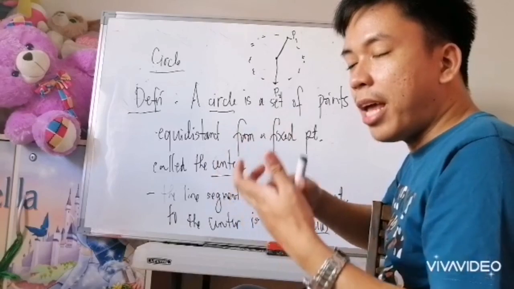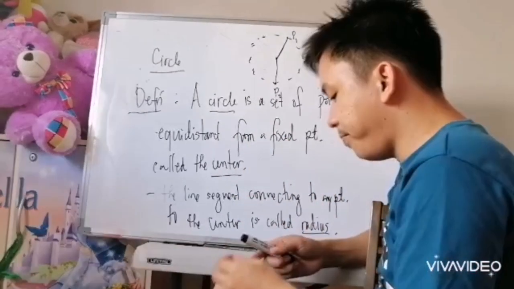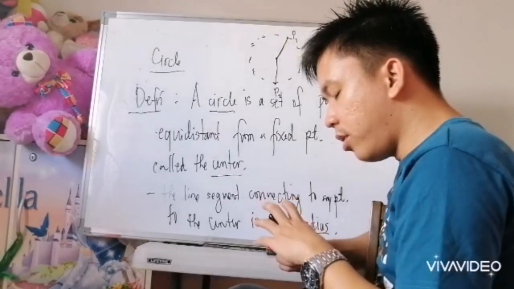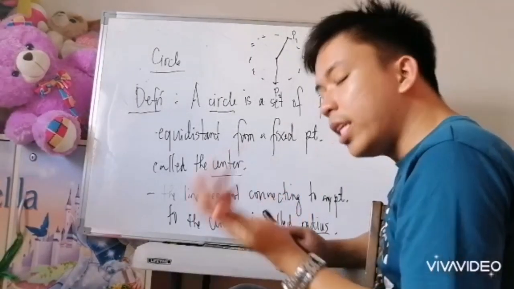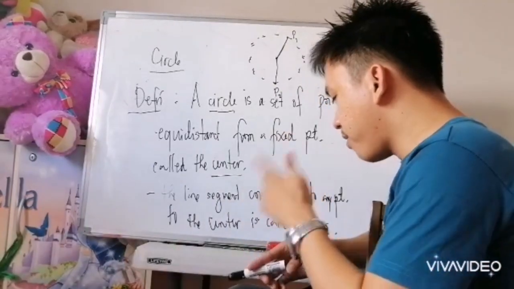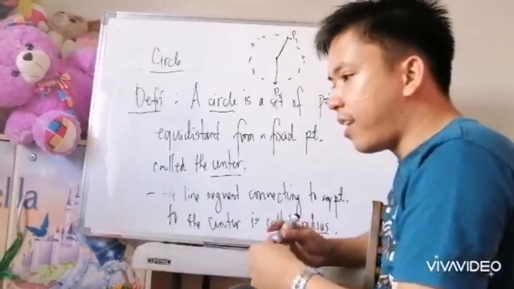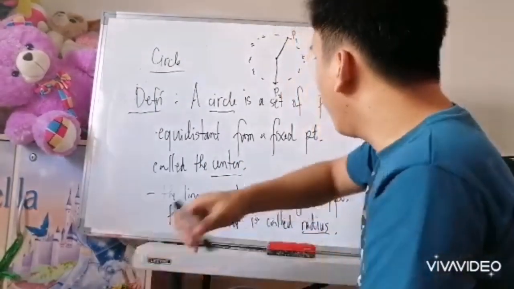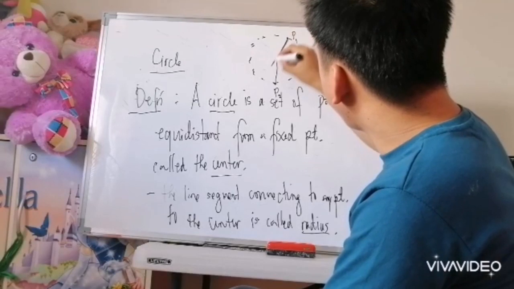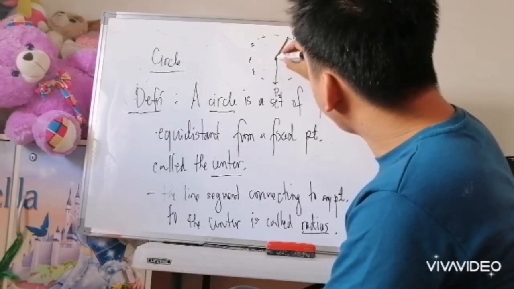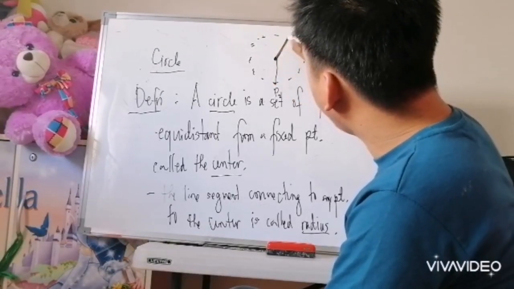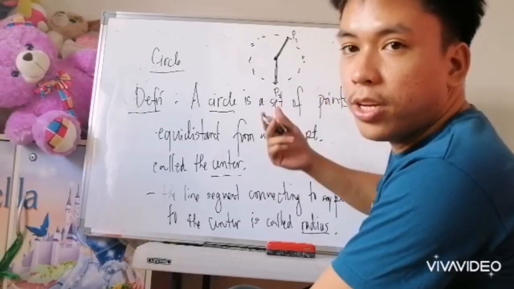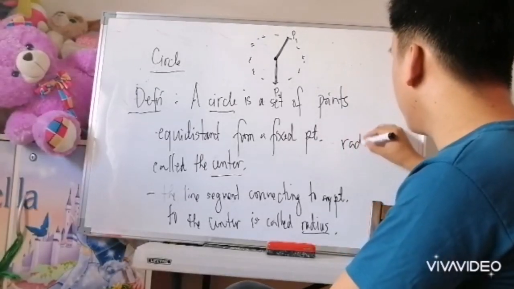To avoid ambiguity, I'm using the term line segment to express that it's the distance from the center to any point of the circle. It's not that you're going to create a line in the circle. So the imaginary line segment connecting to this point is the radius. Another here is a radius. In plural, we say radii.